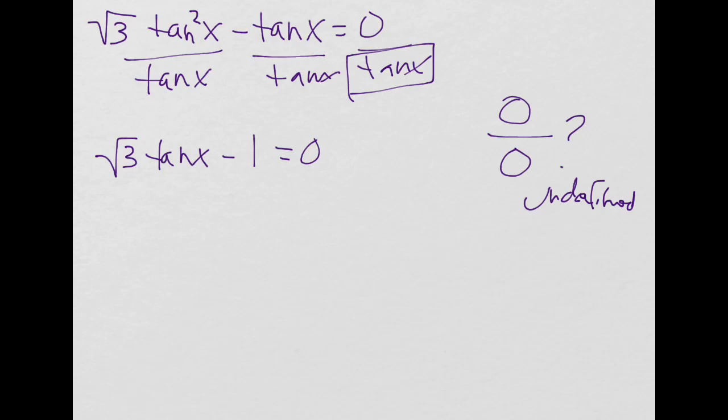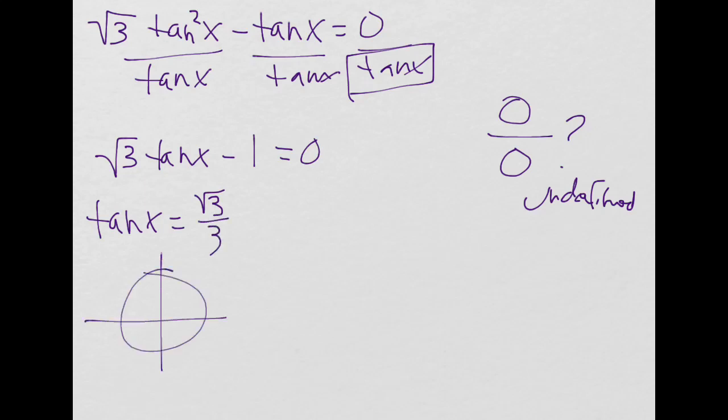So if you went this route, you would only get 2 of your answers, because we could keep simplifying this, and we could convert this to tan x equals 1 over root 3, which would simplify to root 3 over 3, and we'd get those two solutions that we already talked about. But we wouldn't get those zeros, and that's the key. That's why, because you can't divide by 0, and tangent of x is sometimes 0. So you can't divide by that.